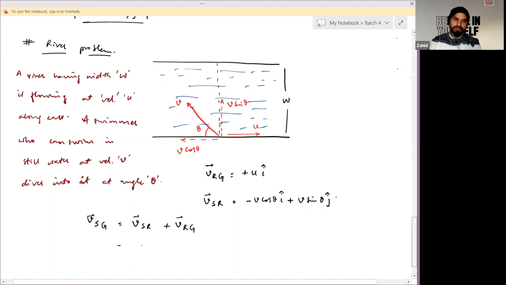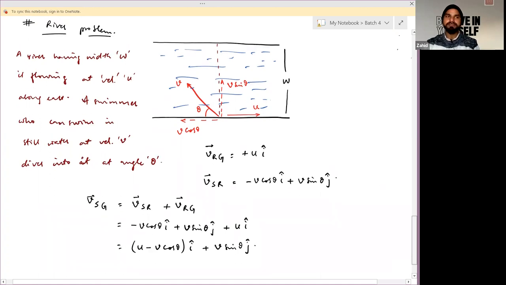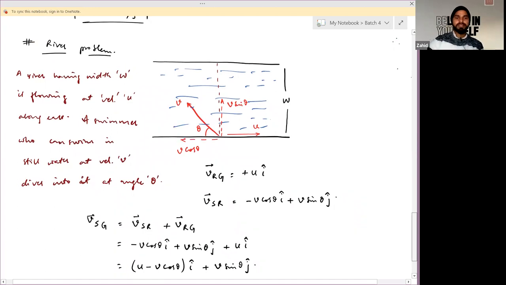If you put all the values, you will get minus v cos theta i cap plus v sin theta j cap and plus u i cap. So on rearranging, you will get u minus v cos theta along i cap and plus v sin theta along j cap. Is it clear? Or do you have any doubt? Clear, sir. Minashi, is it clear? Yes, sir. Okay, just write it down to this part.